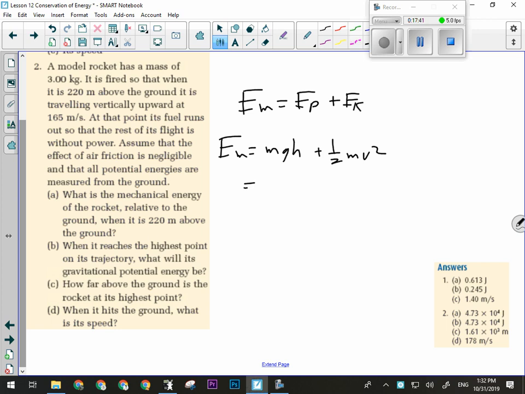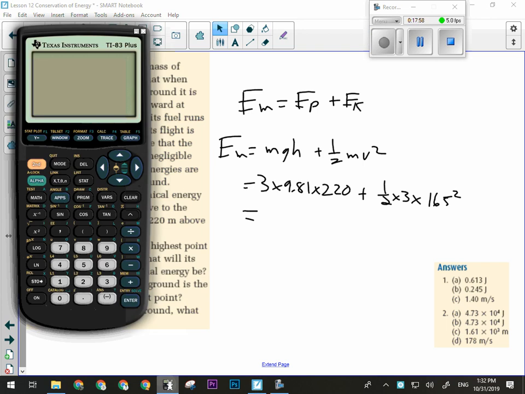And we know all of these numbers. The mass is 3 kilograms times 9.81 times 220 meters. Add that to the kinetic energy, 1/2 times 3 times 165 meters per second, squared. So 3 times 9.81 times 220 plus 0.5 times 3 times 165 squared.